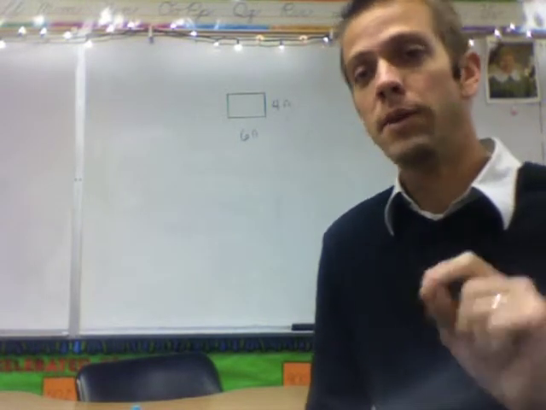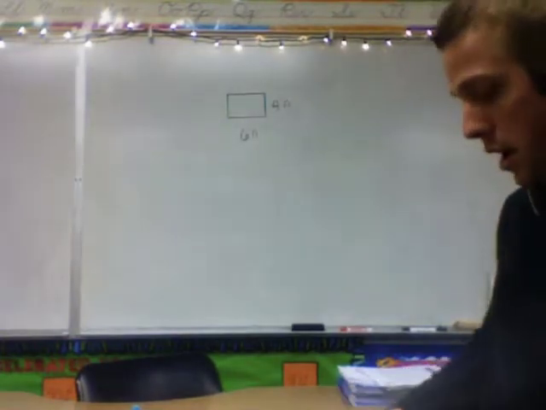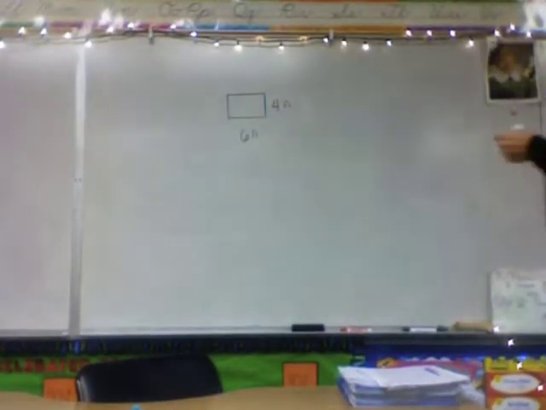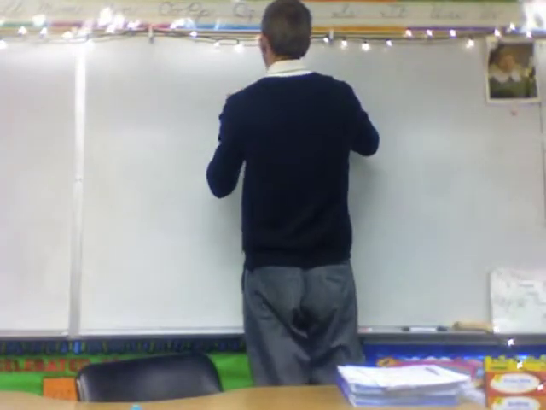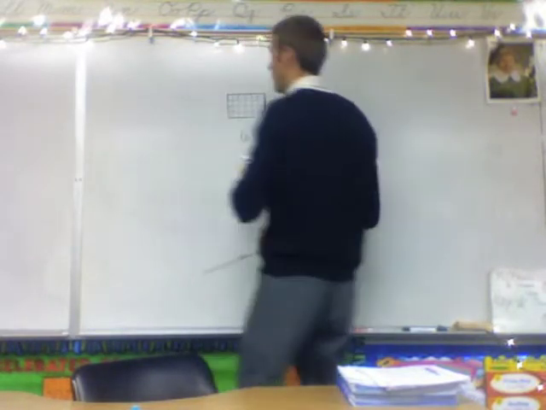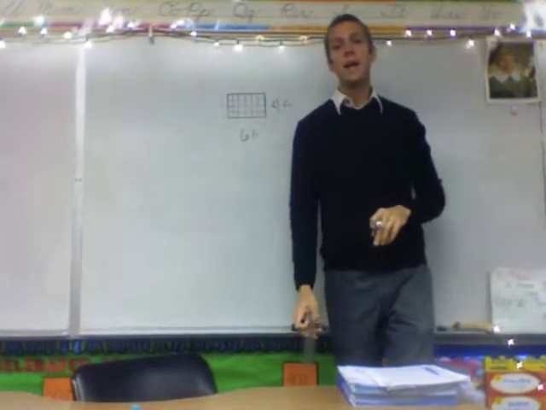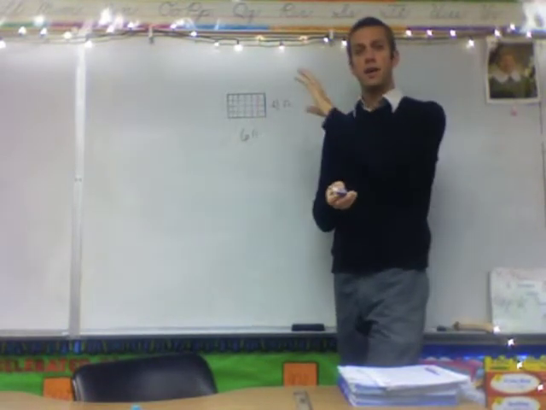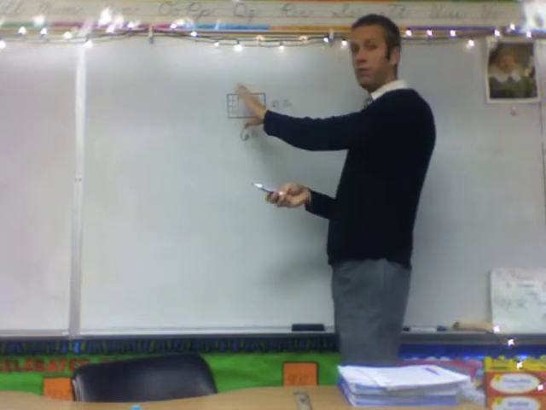Okay? Let me show you with a ruler, because I've divided by inches. I want to show you what happens if I draw a line at every inch. Alright, now I've drawn a line at every inch, and we talked about area covering like a floor, right?